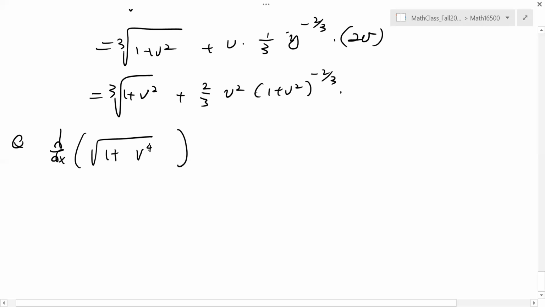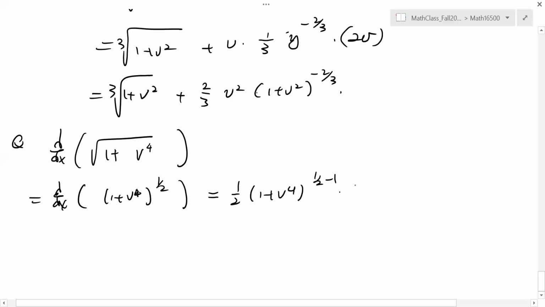All right, you can do it directly. Okay, this is a derivative of 1 plus v to the fourth power to the 1 half, right? So it's kind of a power function. First of all, it's going to be 1 half times 1 plus v to the fourth power to the 1 half minus 1. Then you have to differentiate what's inside.